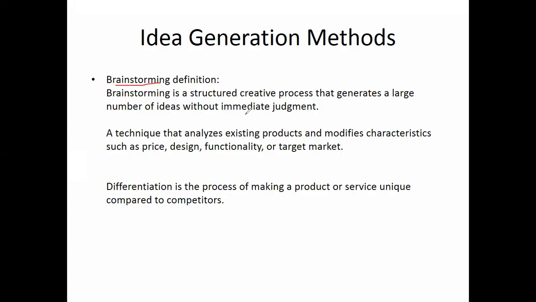So we have, for example, a product P, and we are looking to promote this product in the market. For example, we have a smartphone. Our business is to create a smartphone and to promote it in the market.